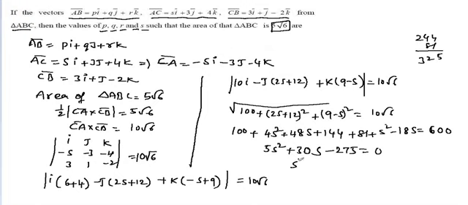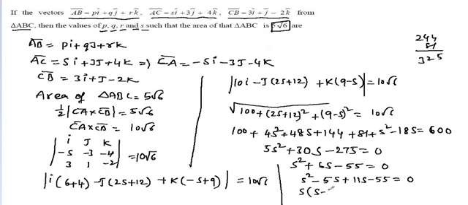Take 5 common, that is s square plus 6s minus 55 is equal to 0. So now take factorization, that is 55, 11 into 5, 11 minus 5 is 6, that is s square minus 5s plus 11s minus 55 is equal to 0.